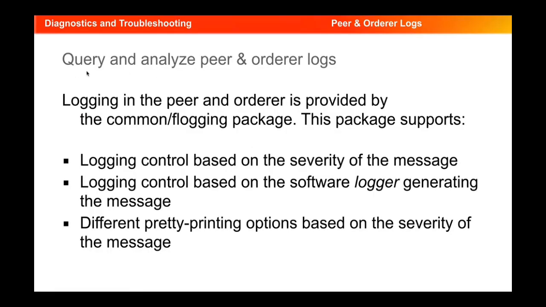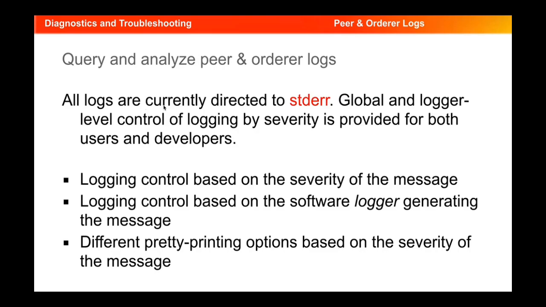Coming to the first section, which is querying and analyzing the peer and orderer logs. Logging in the peer and orderer is provided by the common flogging package. This package supports logging control based on the severity of the message, logging control based on the software logger generating the message, and different pretty printing options based on the severity of the message.